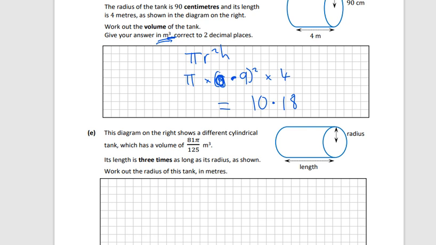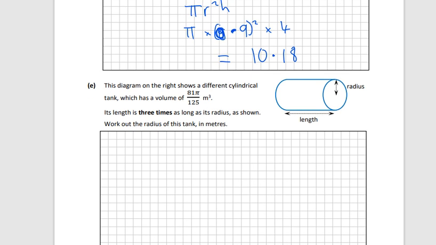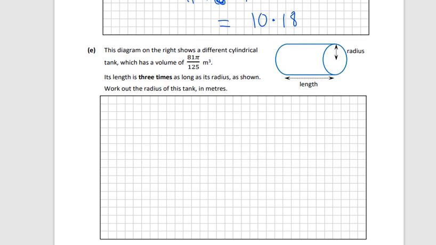This diagram on the right shows a different cylindrical tank which has a volume of 81 pi over 125. Its length is 3 times as long as its radius, as shown. Right, well, pi r squared h is still the volume of any cylinder. Therefore, if its length is 3 times as long as its radius, then the length of it is 3 times r, and the radius I'll just leave as r.